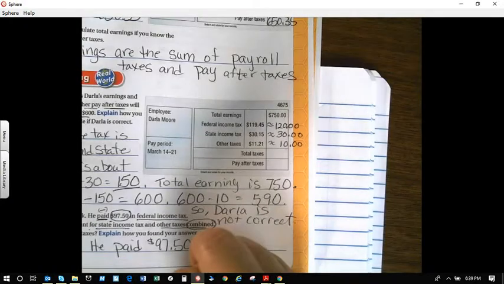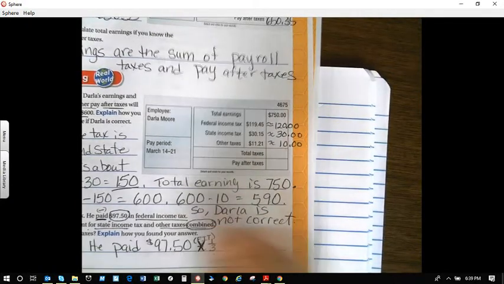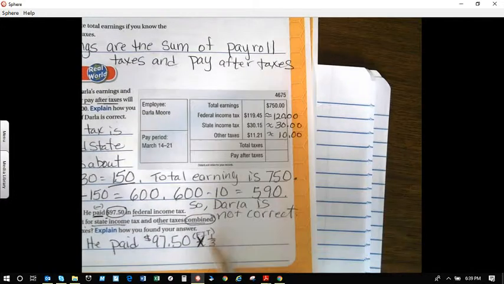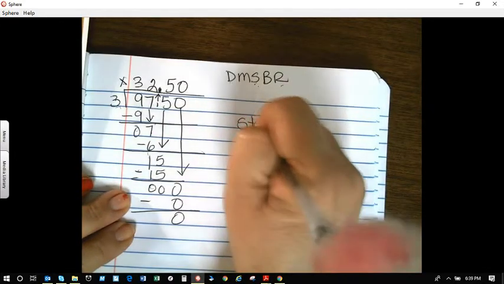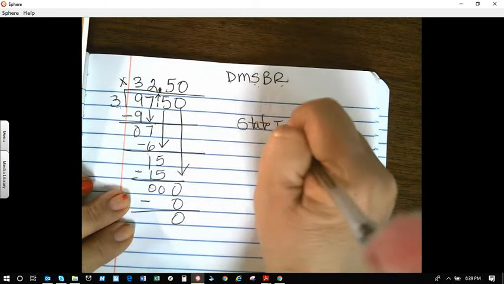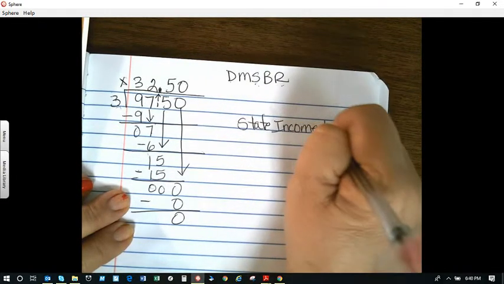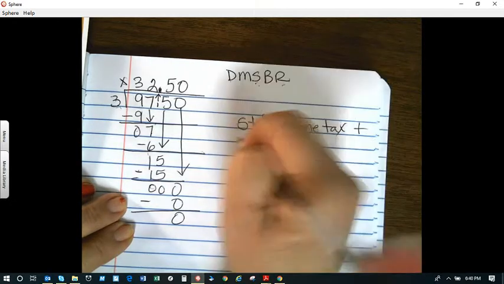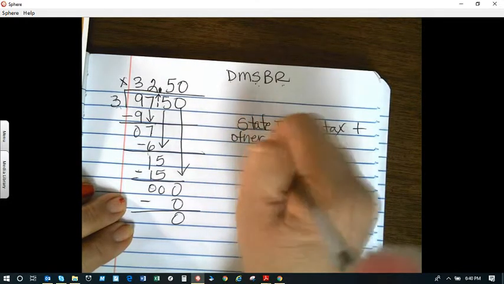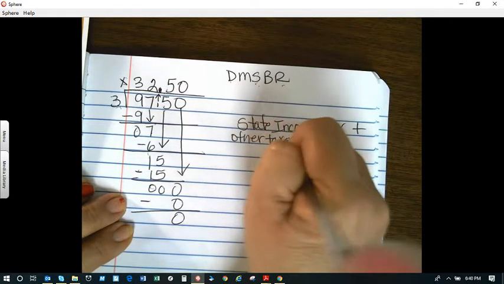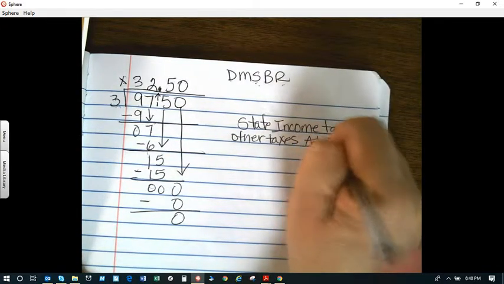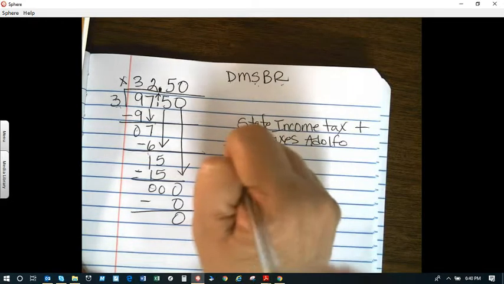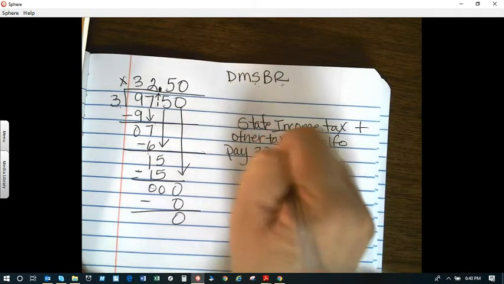So I'm going to make my correction here. This is $97.50 times 1/3. So with the state income tax plus other taxes, we have Adolfo pays $32.50.